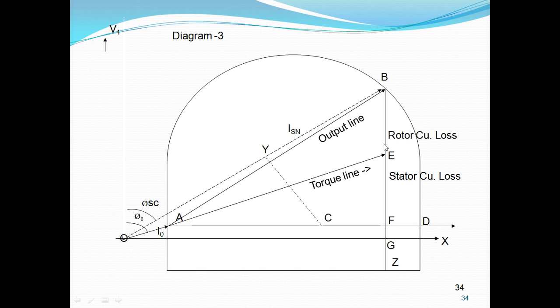Here BF shows the copper losses of stator and rotor. The point E from B, BE shows the rotor copper losses, EF shows the stator copper losses, where AE shows the torque line and AB shows the output line.